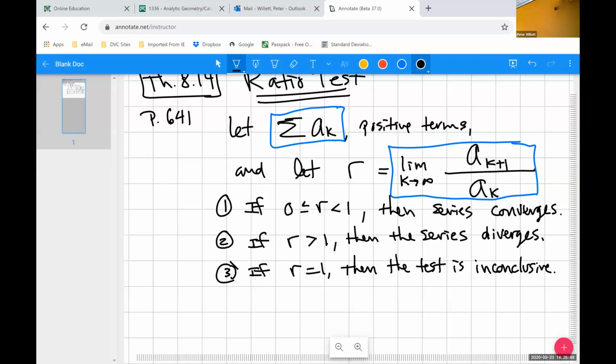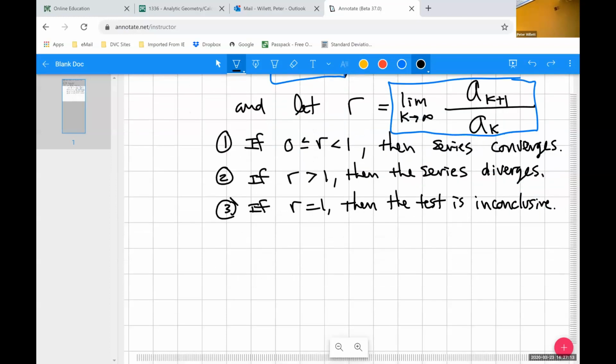Again, that's usually not going to be our concern. Similarly, if the limit r is bigger than 1, then I'm able to conclude that the series diverges. If it comes out equal to 1, unfortunately the test has not provided me with any information and I need to use some other test to try to do the problem. Okay, so that's how this works.